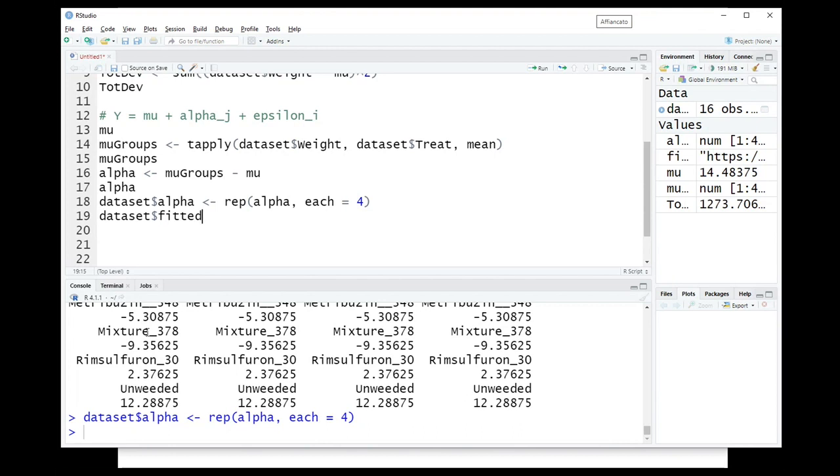So what would happen if we didn't have any error? If we didn't have any error, we should have a value that is equal to mu, the overall mean, plus the effect of the treatment.